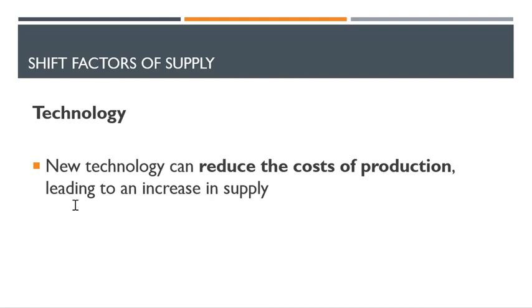So technology's role on both sides is pretty evident. However, when new technology arises, in most cases we saw a reduction in the cost of production. So naturally, when there is a reduction in the cost of production, the supplier feels encouraged to supply more, and that leads to an increase in supply.